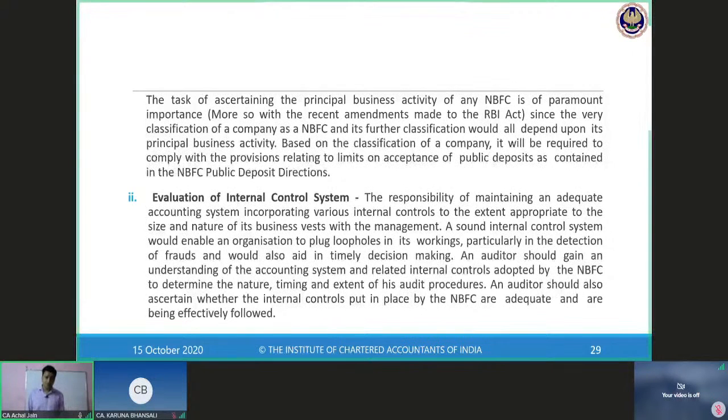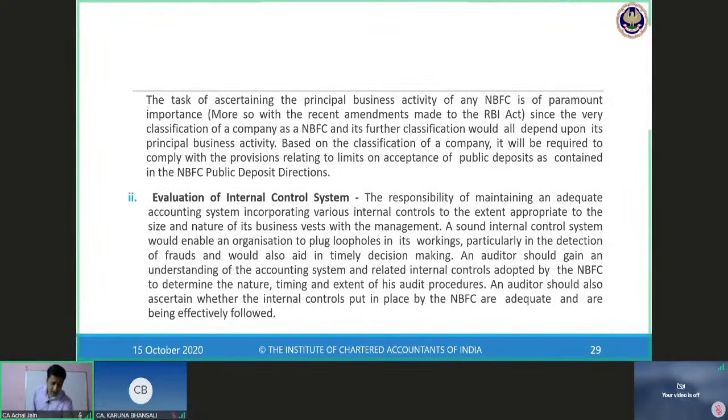Auditor is not required to do this, because all of these things will be required in the books of accounts of an NBFC. When the NBFC prepares its financial statements, therein all of these things will be required. So when the auditor starts off, he should have all of these things available with him from the management of the entity.